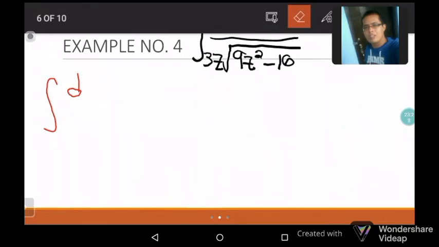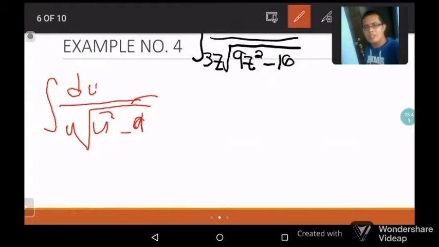Okay, so the integral of du over u square root of u squared minus a squared is just merely arcsecant, or to correct that formula, that's 1 over a arcsecant u over a plus c.